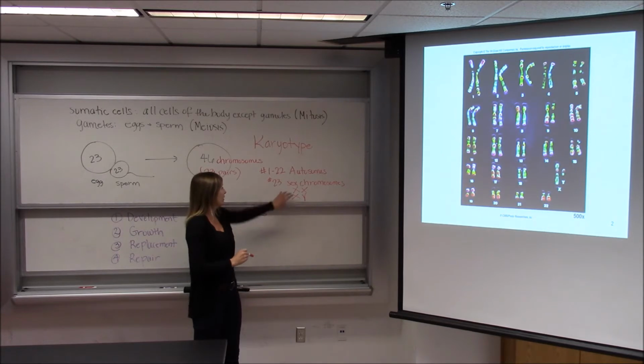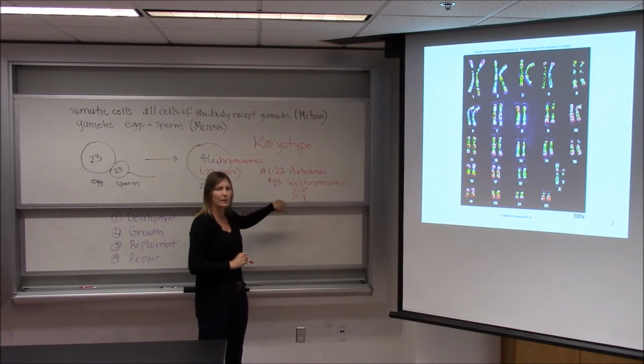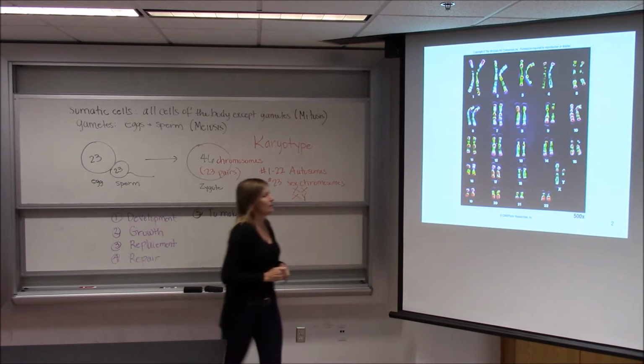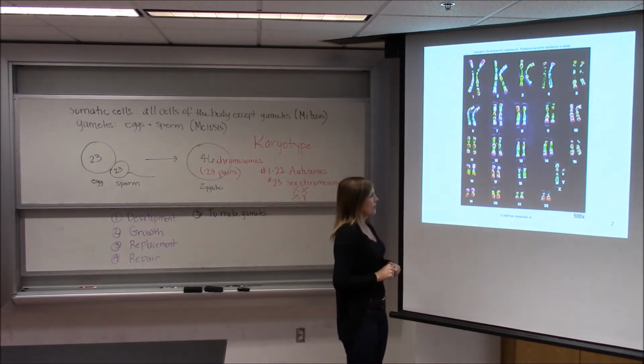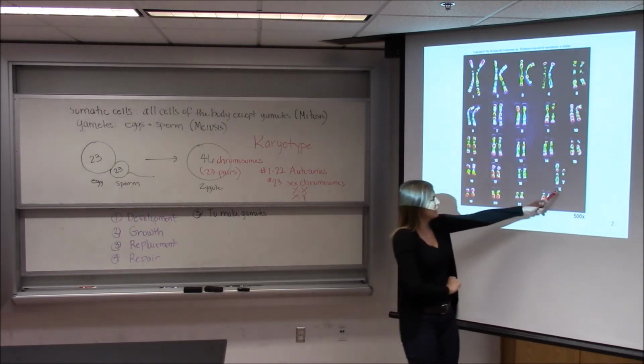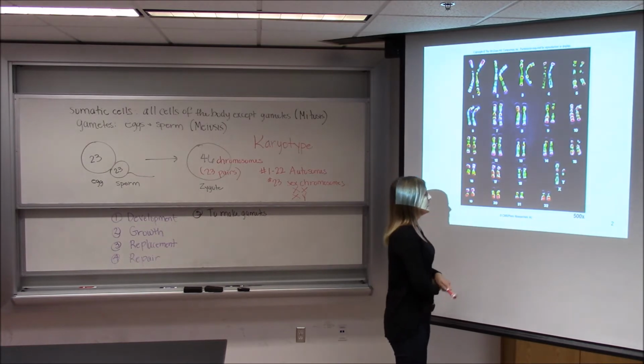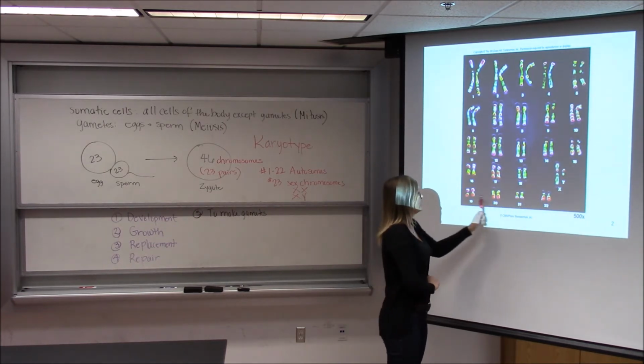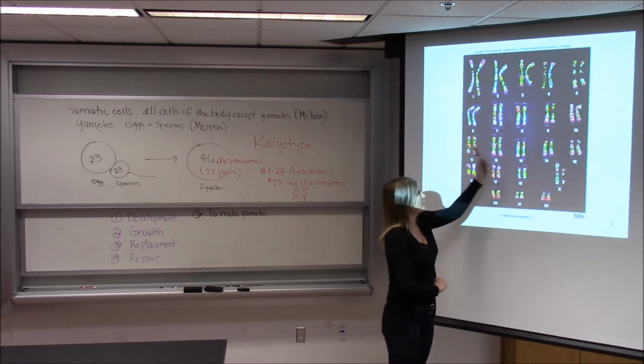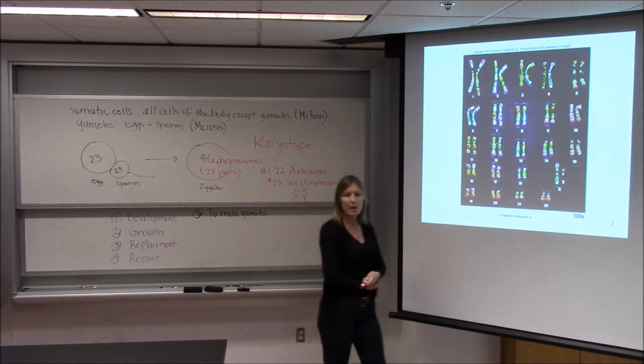We can have other variations on number 23 and still have a living organism. This individual is a male. We know that because pair 23 is an X and a Y. But the first 22, those pairs very closely resemble each other. And again, you've got one from mom and one from dad.